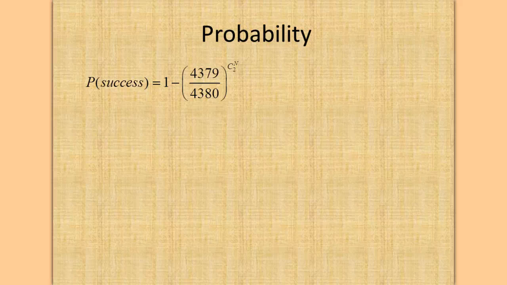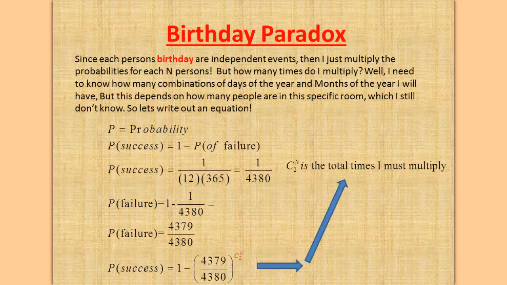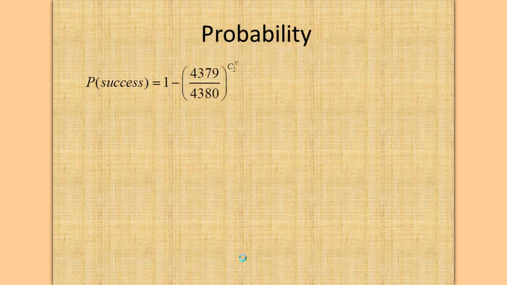Okay? So that's my quantity here. Right there. C n choose 2. Okay. So the probability of success is equal to 1 minus the quantity 4379 divided by 4380 raised to the power of this quantity. Okay. So let's calculate that quantity.